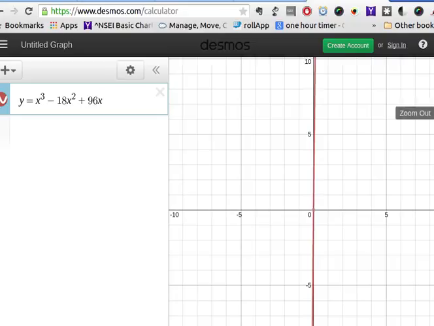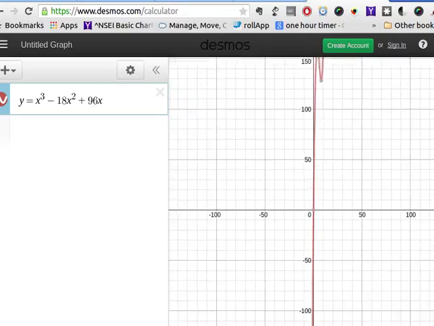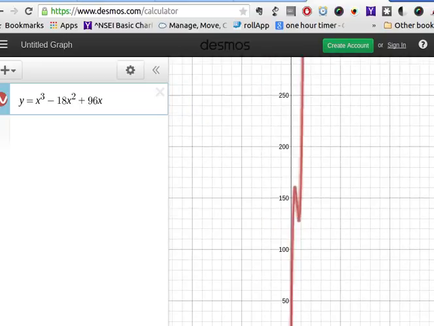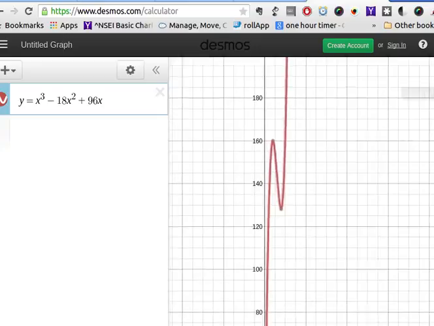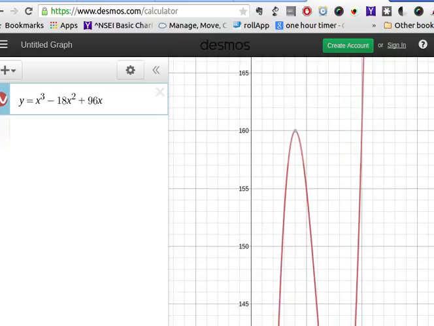So here it is, here is the curve, and here are these local maxima and minima. Say this is the maximum point.